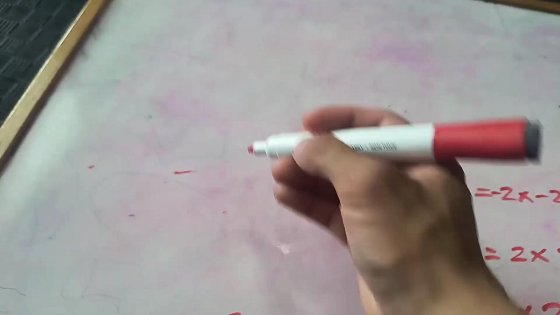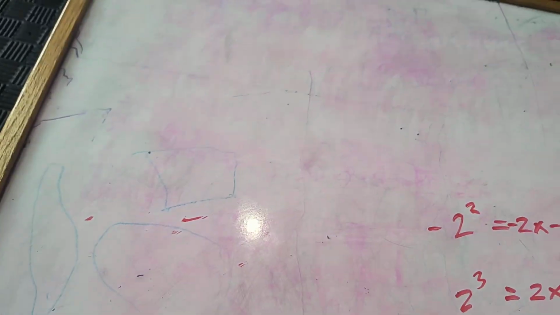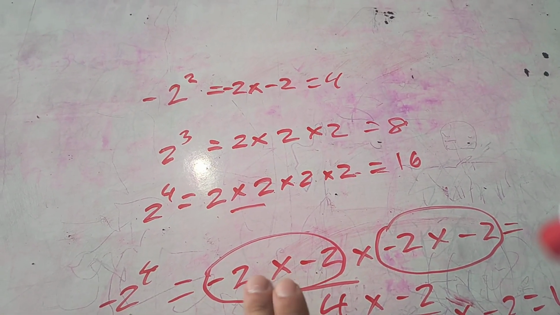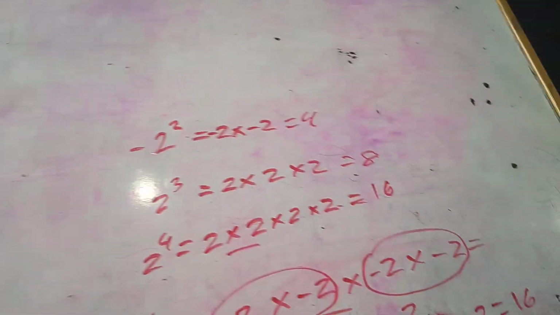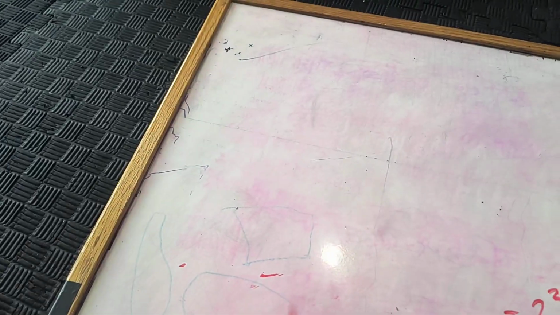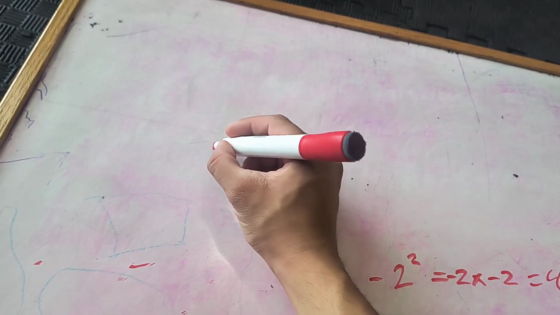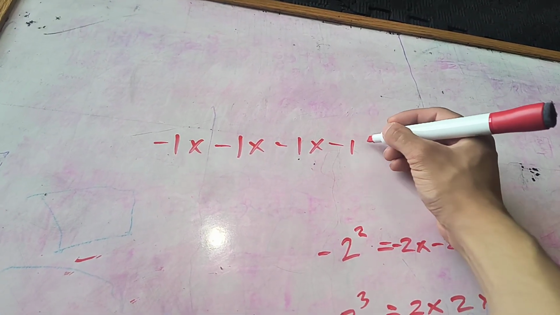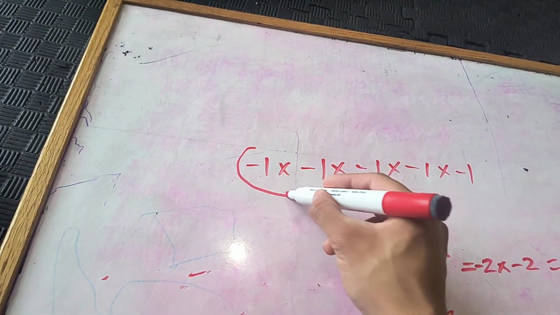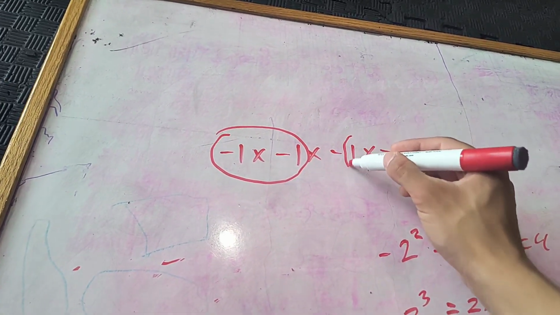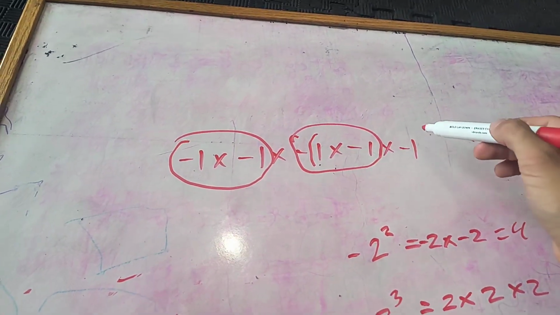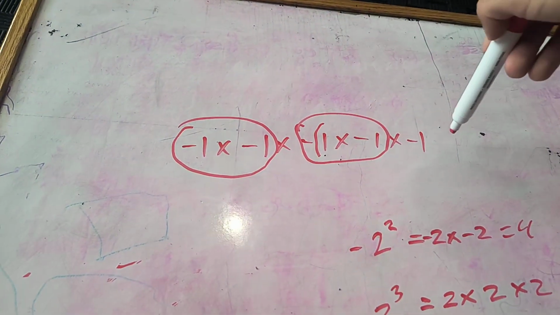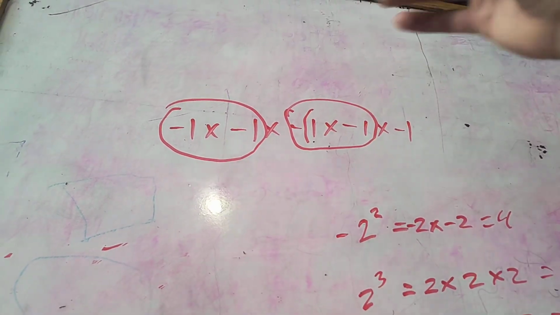But with numbers like 5, if you have 5 negative numbers together, I can make this a pair of 2, and this one a pair of 2, but this one's going to be all by itself. So these pairs will be positive.